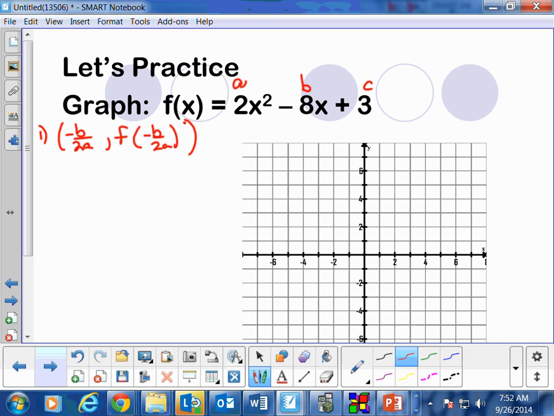Now B is negative 8, so that means I'll have a negative negative 8 all over 2A. So it'll be 2 times, in this case, 2.